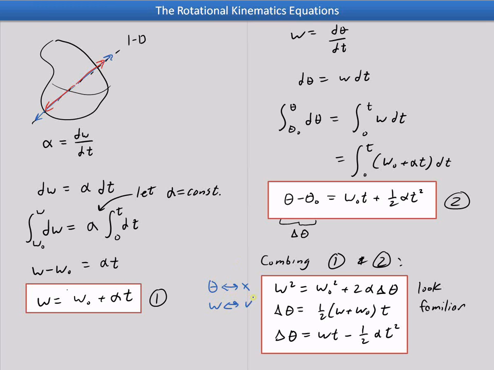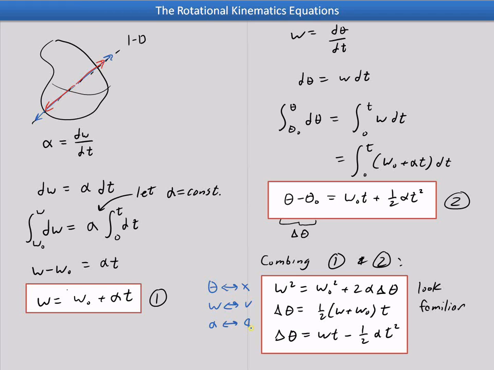Omega is a lot like velocity, and angular acceleration alpha is a lot like linear acceleration a. That's not to say that they are the same. They are not the same, but they play similar mathematical roles. That's why they show up in the same place in equations that look the same. And so in fact, many of the tricks you already know for solving linear kinematics work just fine once you've plugged in the appropriate rotational variables instead of linear variables.